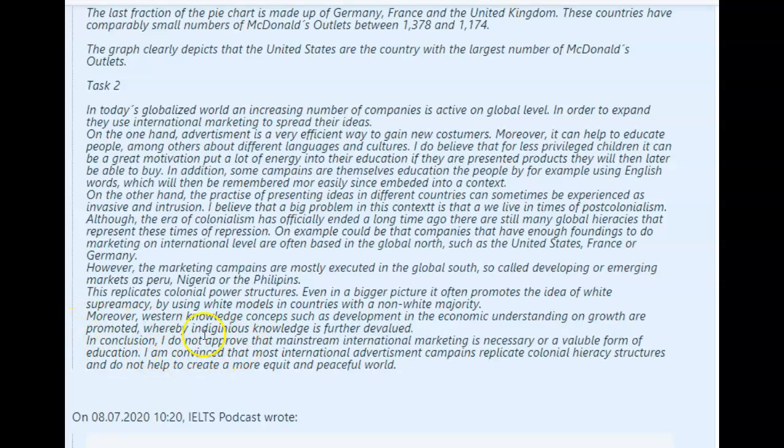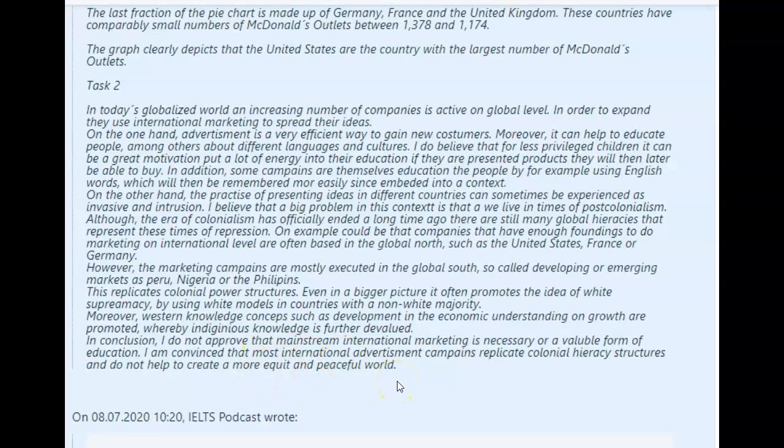In conclusion, I do not agree that mainstream international marketing is necessary or a valuable form of education. I'm convinced that most international advertisement campaigns replicate a colonial," I think you mean hierarchy, I'm not really sure, "structures, and do not help create a more equitable," perhaps you mean here, "and peaceful world."